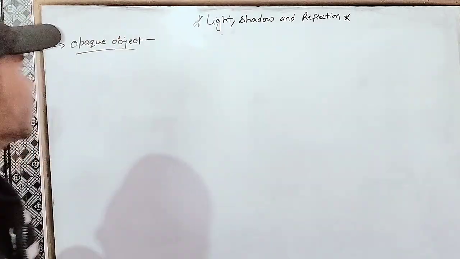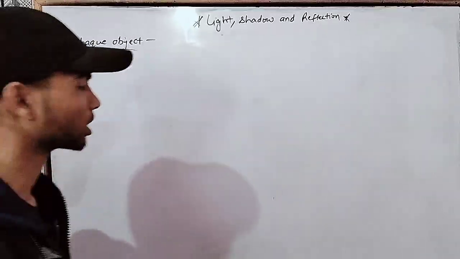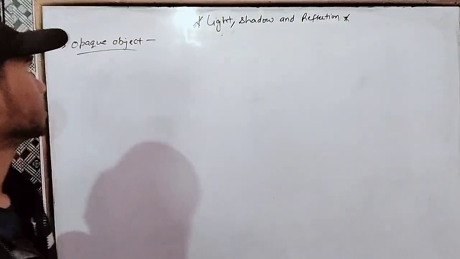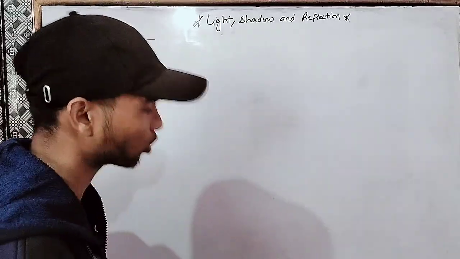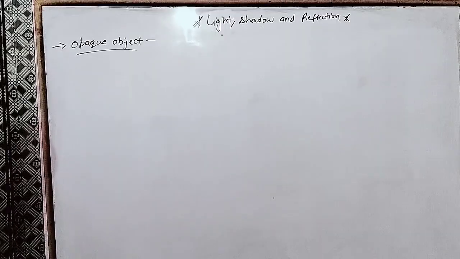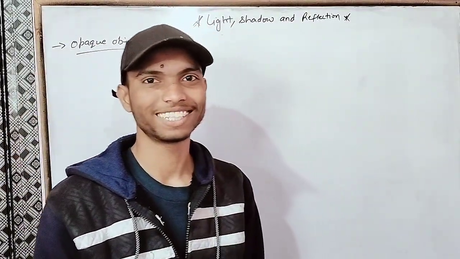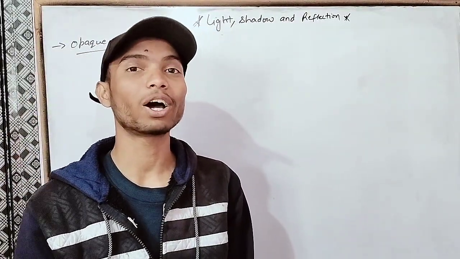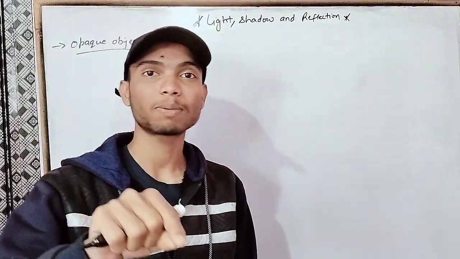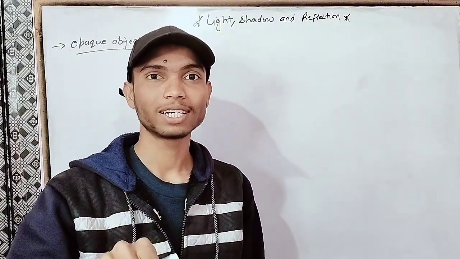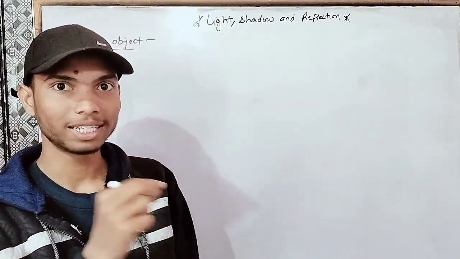That's why light will come from the source light, and the source light will be a luminous object. The opaque object says that I will block all the area of light. Similarly, transparent says the opposite of it.